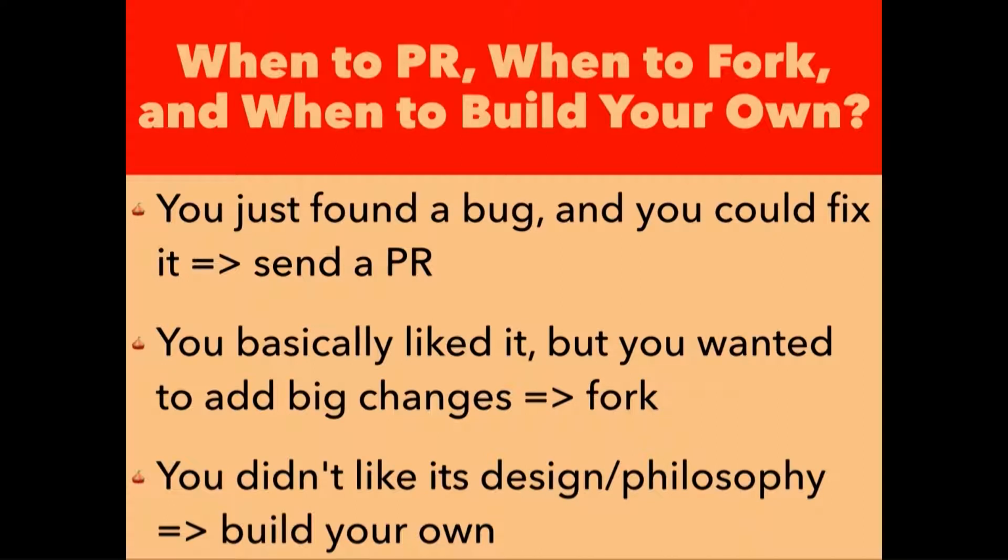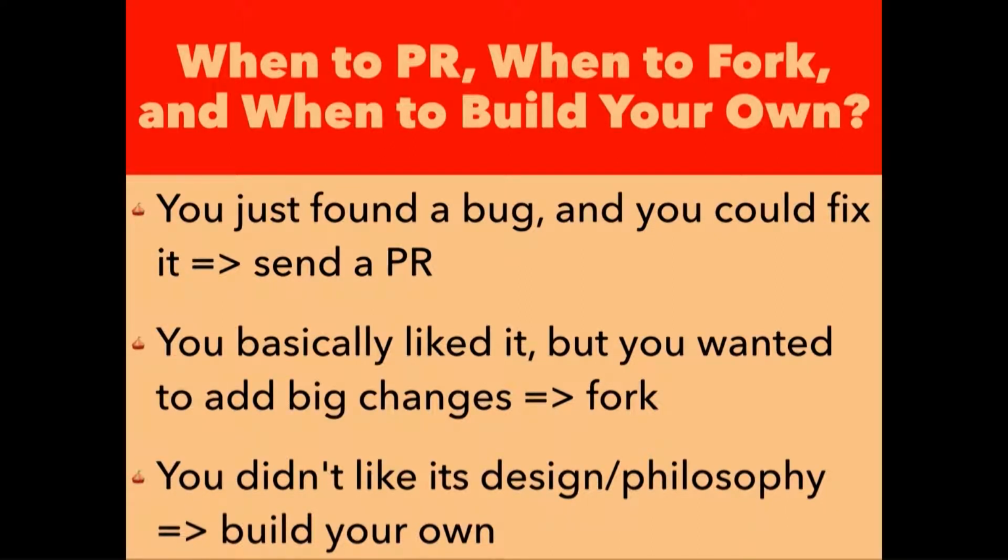So this is, I think, when I send pull requests, or fork, or build my own. When you just found a tiny bug and you could fix it, just send a pull request. If you basically liked the product, but you wanted to add something like a big feature to it, maybe you need to fork.